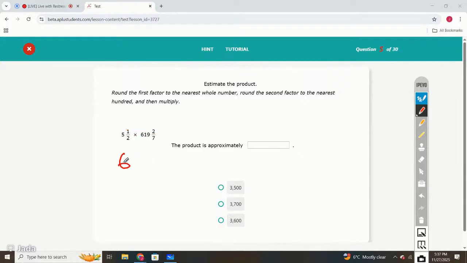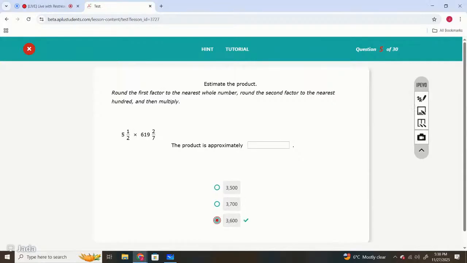And then 619 is rounded to the nearest hundred, so that is 600. So 6 times 6 is 36. So the correct option is 3600. Option number 3 is the correct option.